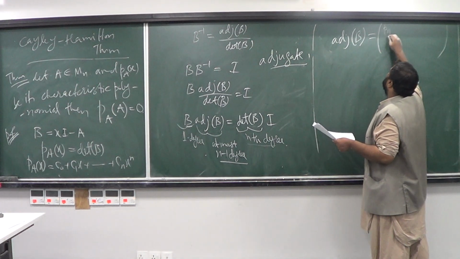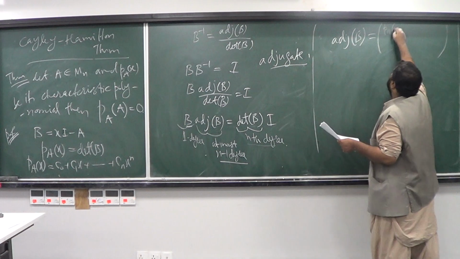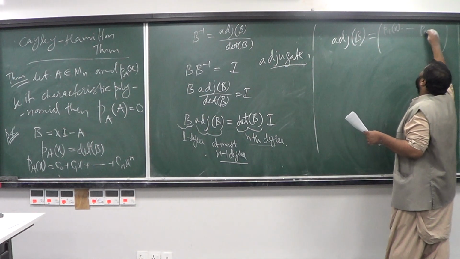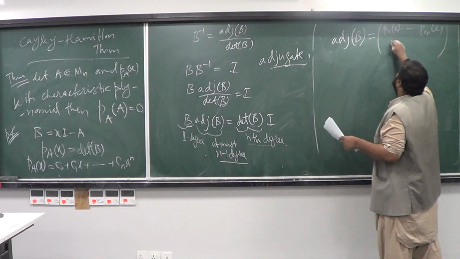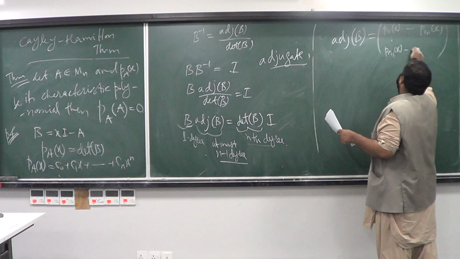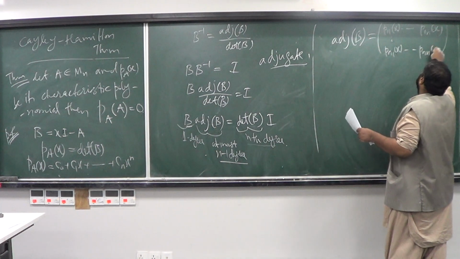So let's call those polynomials P11 of x up to P1n of x, up to Pn1 of x, up to Pnn of x.